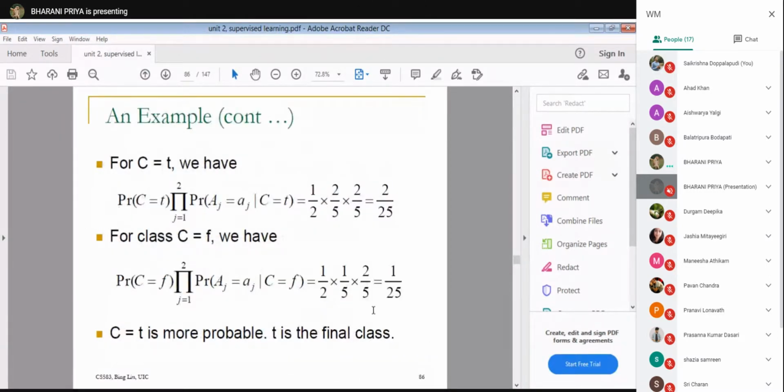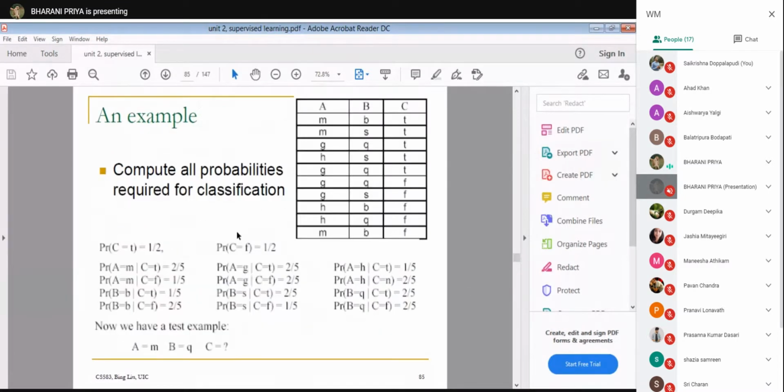If you take this probability, we are taking the probability of each and every value. Say, for example, A is equal to M. This is my test case. If A is equal to M is not there in my training set, then what is the probability of that value?